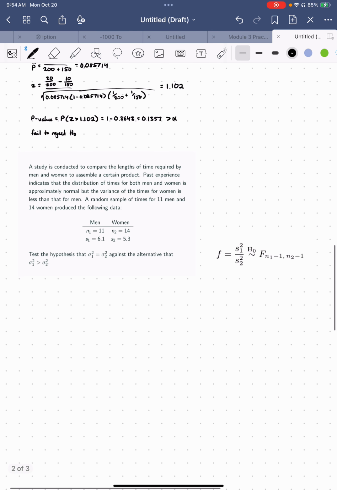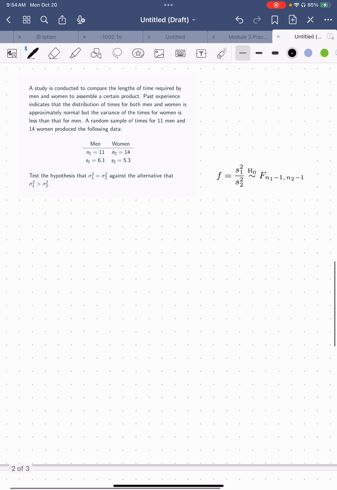And then for our next problem, we have a study conducted to compare the lengths of time required by men and women to assemble a certain product. And so we have our data over here and its normal distribution. And it says that our variance of times for women is less than that for men, so we know that our variances are unequal.